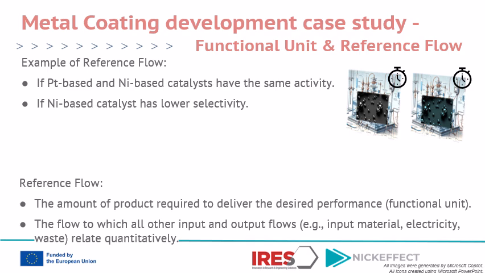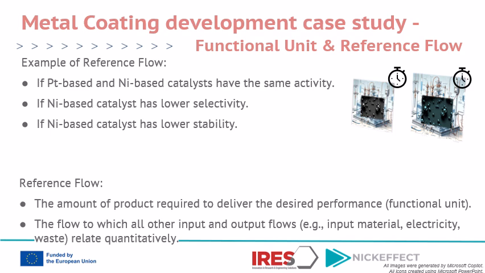Now, if we assume that our nickel-based catalyst has lower selectivity compared to the platinum one, then the comparison would look a bit like this. We would need to compare more of the nickel catalyst compared to the platinum catalyst in order to get to the same function and therefore do the assessment on an equal functionality basis.